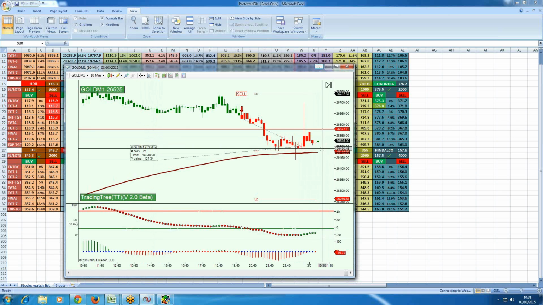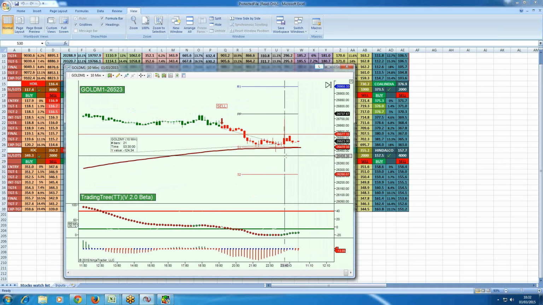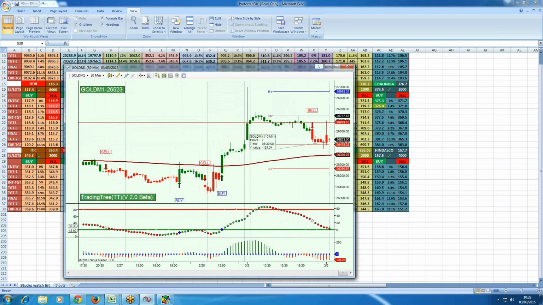So now it's flat. We'll just have to wait till we get a buy call, or else the recent low is this particular candle. You can short it at this particular price, that is 26,430. You can put in a sell order, or we'll just wait for the buy price. I think we had some data at 1140. You can trade intraday and you can even trade positional.